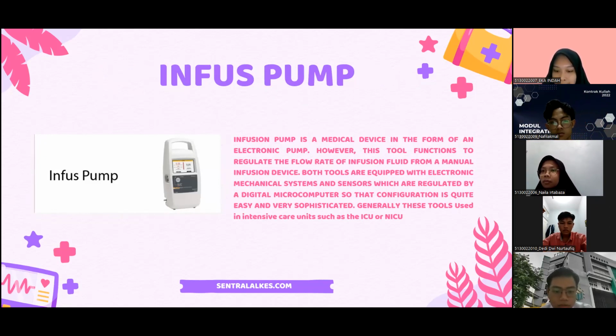Both tools are equipped with an electronic mechanical system and sensors which are regulated by a digital microcomputer so that configuration is quite easy and very sophisticated. It is generally used in intensive care units such as the ICU or NICU.